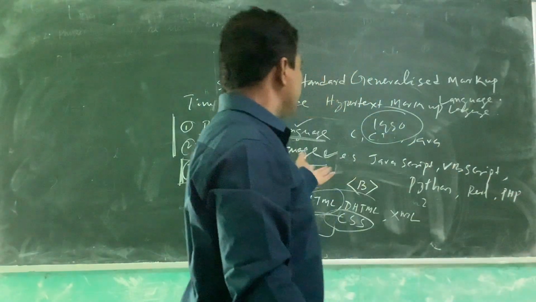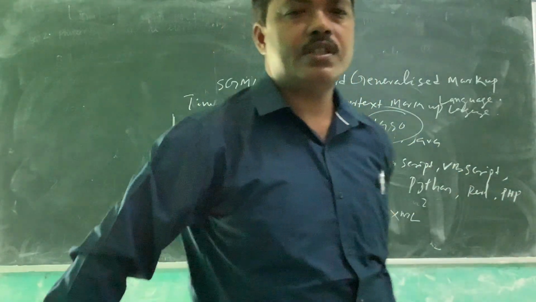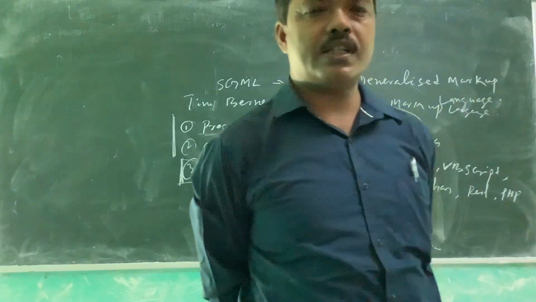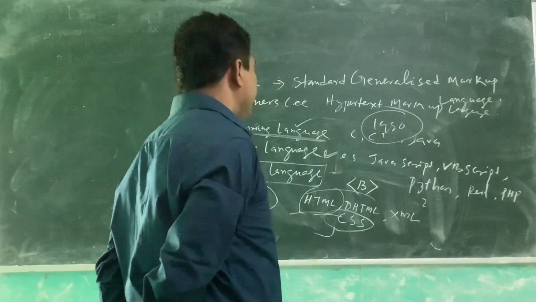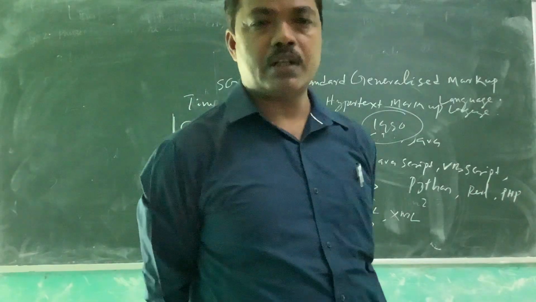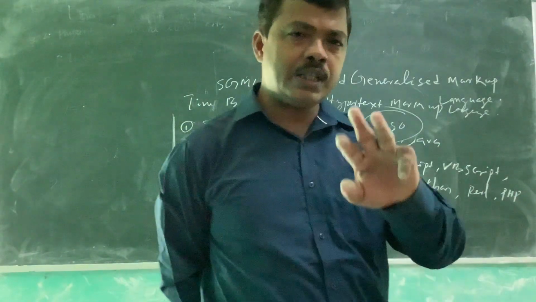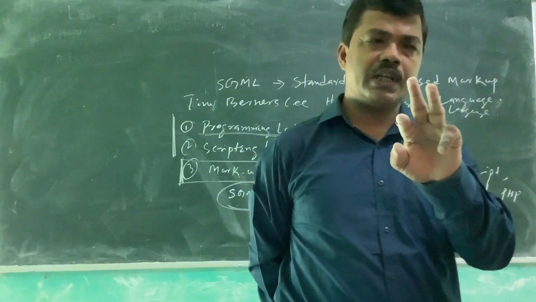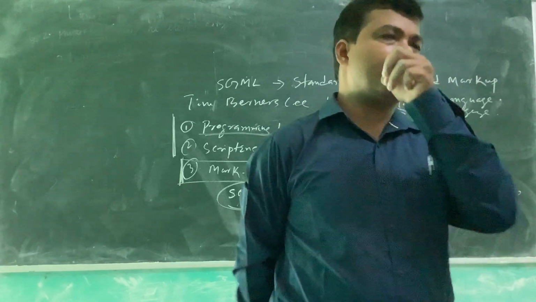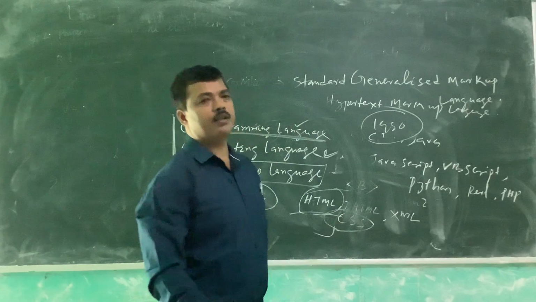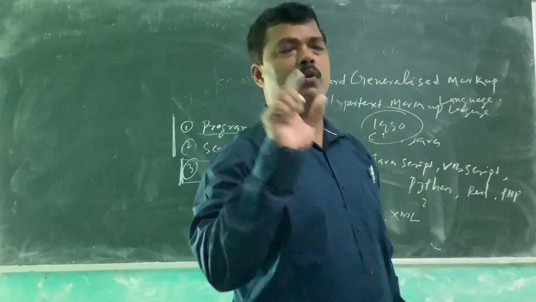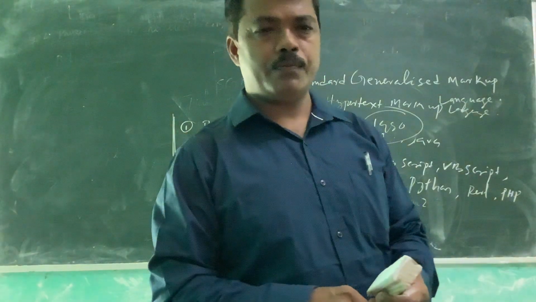And there are also other markup languages, that is XML, CSS, extensible markup language, dynamic hypertext markup language. So we are using three terms in HTML. One is hypertext, another one is markup, and third one is language.